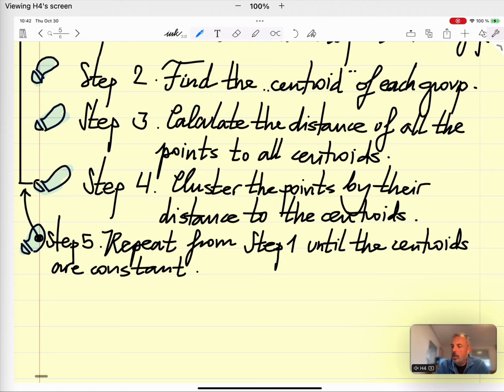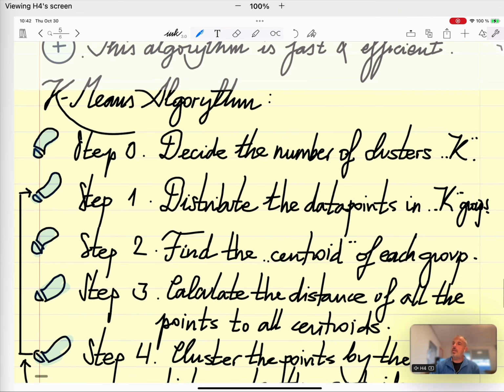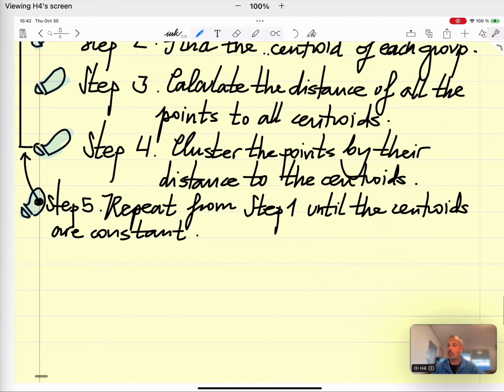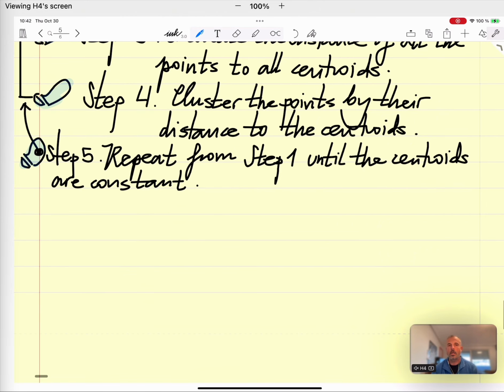You need to close the algorithm and make sure that the centroids remain constant. Okay, so this is just theory which is abstract and difficult to understand until we do an exercise. Once we do the exercise, you will see that it's quite easy actually.